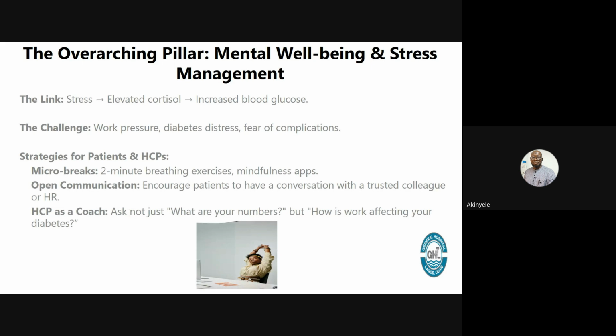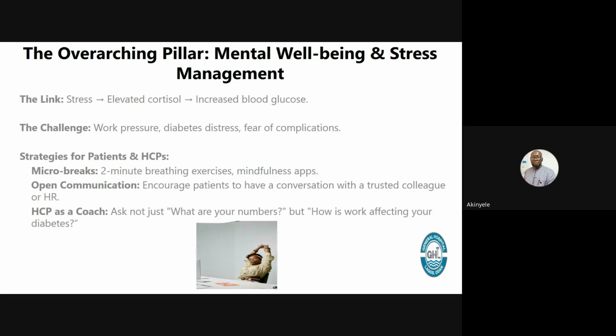So the overarching pillar is that we want to help them with their mental well-being, and we also want to help them with their stress management. The challenge at work is the pressure. Diabetes stress can result from thinking, I'm not doing well with my diabetes, my work is not allowing me to take my medications when due, I have no opportunity of eating the kind of meals I want.